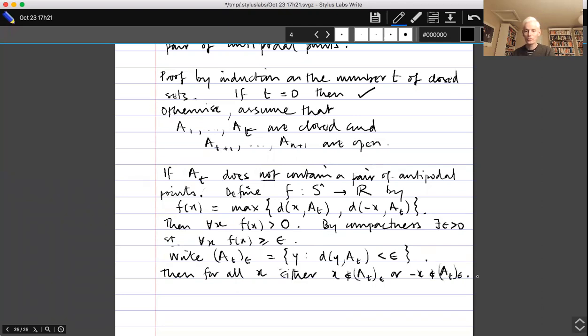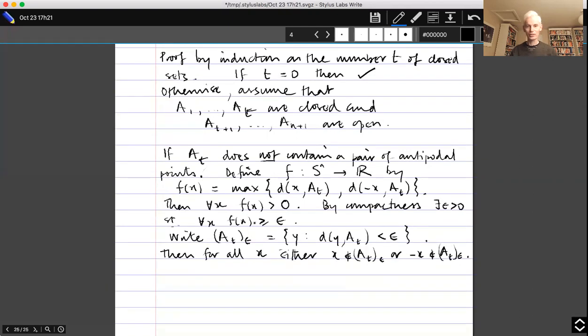So what have we achieved here? We started with the assumption that AT doesn't contain a pair of antipodal points, and I've managed to find a little blow up epsilon such that AT blown up by epsilon still doesn't contain a pair of antipodal points. But the nice thing about AT epsilon is that it's open. And so I think you can probably see that I'm now done.